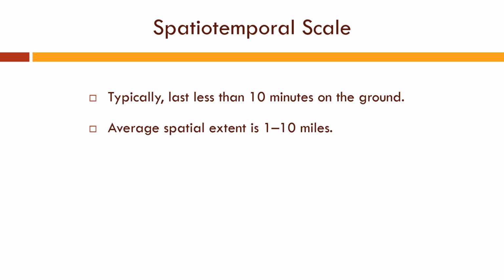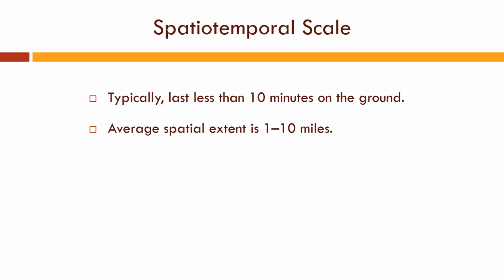The average tornado lasts about 10 minutes, although some can be on the ground for a few seconds to up to an hour or longer. That is very, very rare, but it does happen. Supercell tornadoes tend to be longer lived, while those that are spawned in your average squall lines and bow echoes, which we have not got into, can only last for a few minutes.